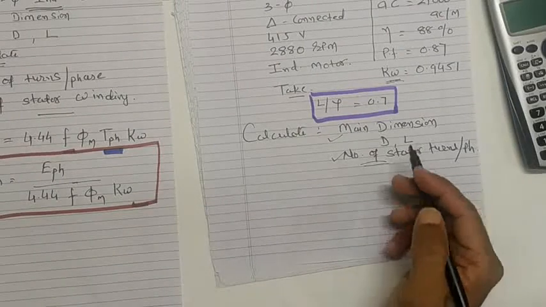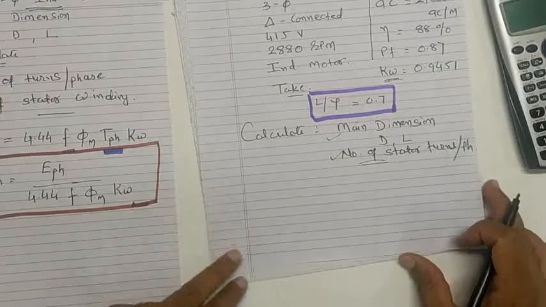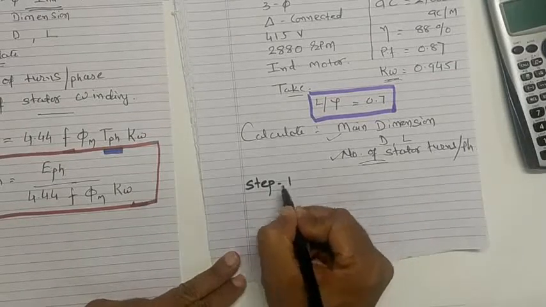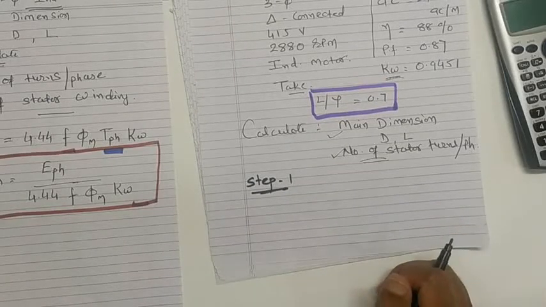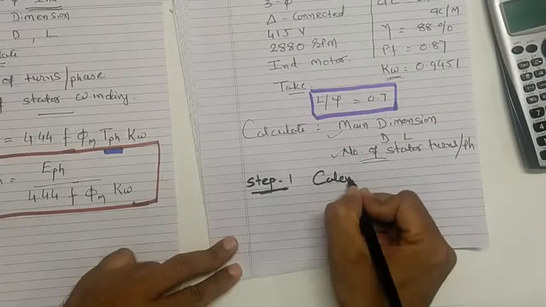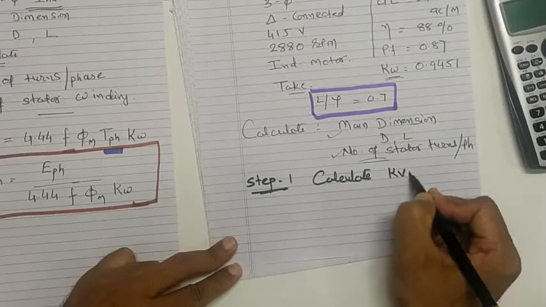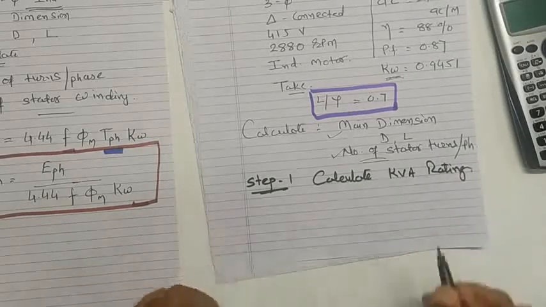You have been doing practice for calculating main dimension, so now it is very easy for you. So step 1, calculate kVA rating.